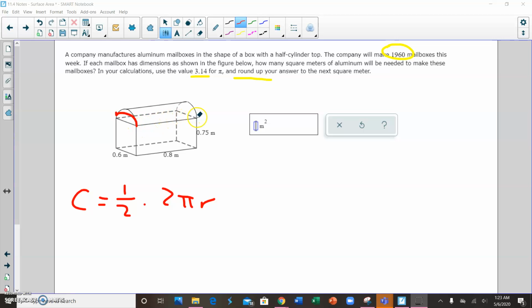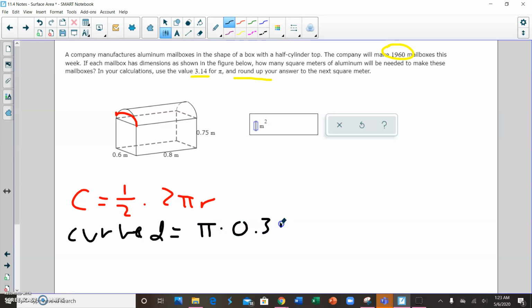So the height of the label is 0.8. So to figure out this curved part, which is hard to curve metal, and it's hard to write on this laptop screen, sorry, the curved part is going to be pi times the radius, which is 0.3, times the height, which is 0.8. And that's going to be the curved part.